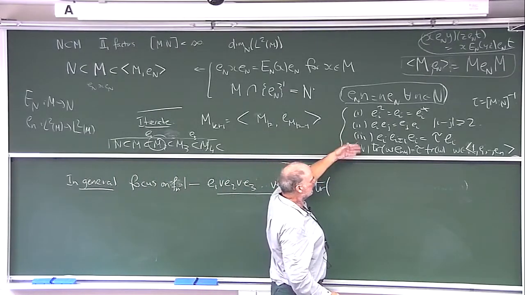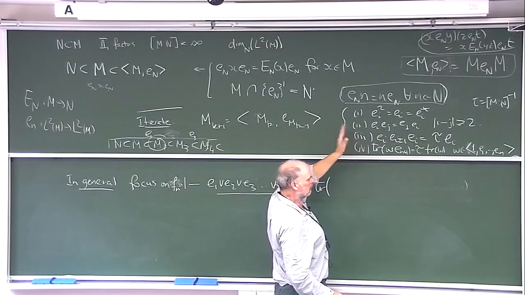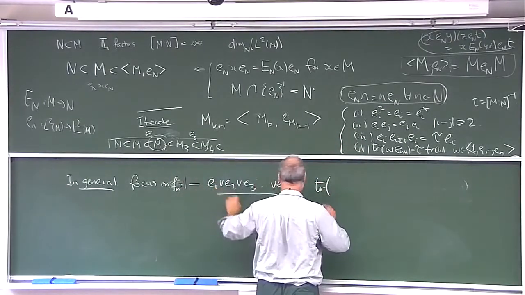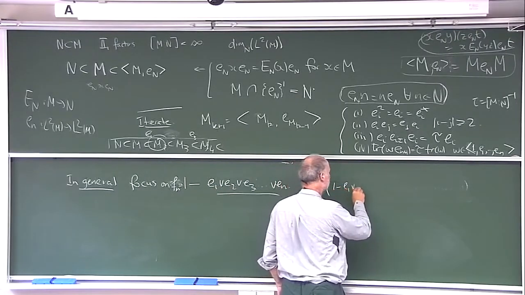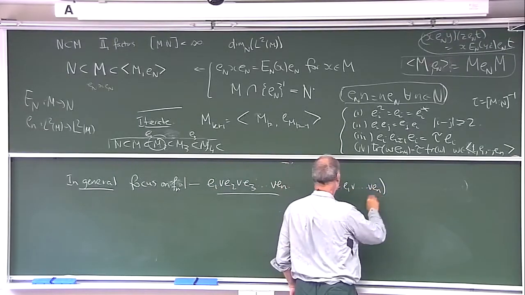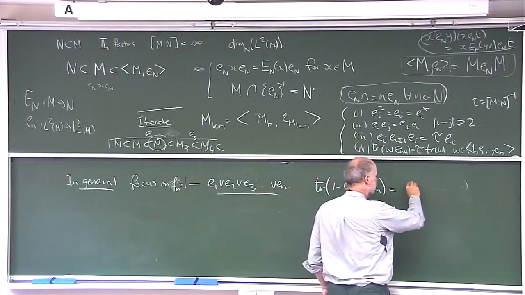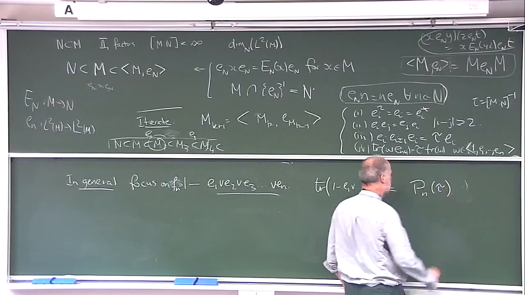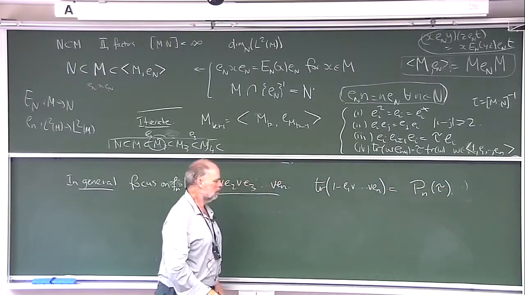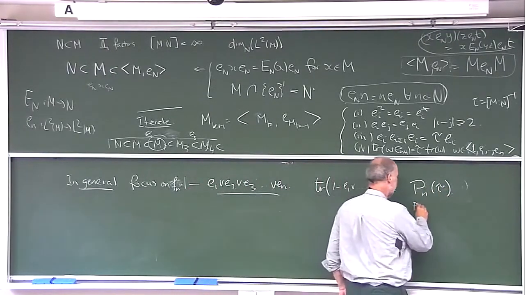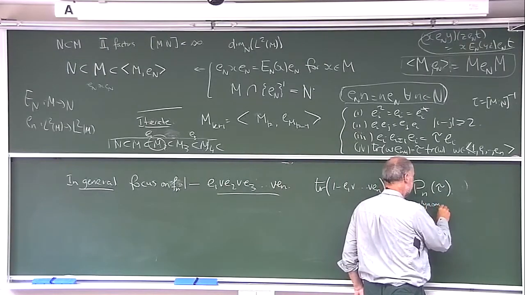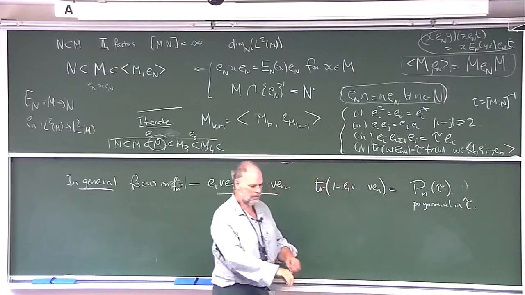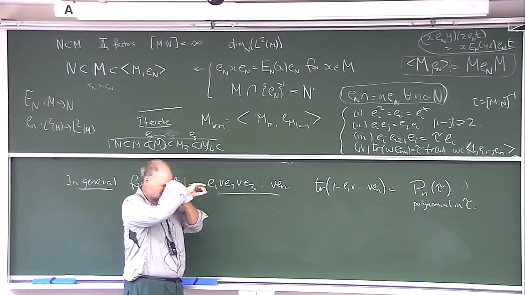Since by an exercise these relations suffice to calculate traces of any word, we should be able to figure out what the trace is of 1 minus the supremum of the E_n. And indeed we can, and we find that's some polynomial in tau. It has to be a polynomial in tau. Well, maybe it's not quite so obvious.